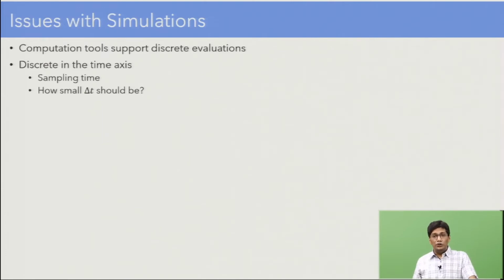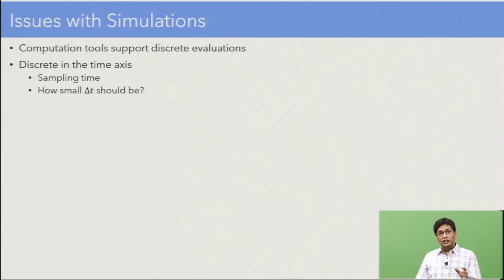So, you need to first discretize the system in the time axis, which means that you need to sample the system. And similarly, the signal value is also stored, suppose in a double format, and the double format also has some limitation, right. It cannot probably store any possible value you want.